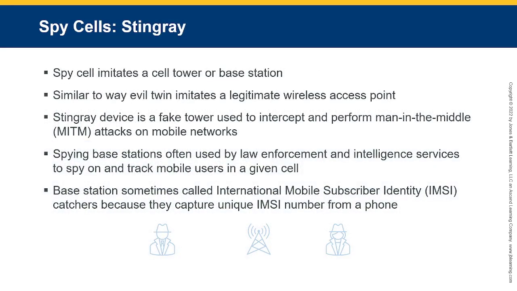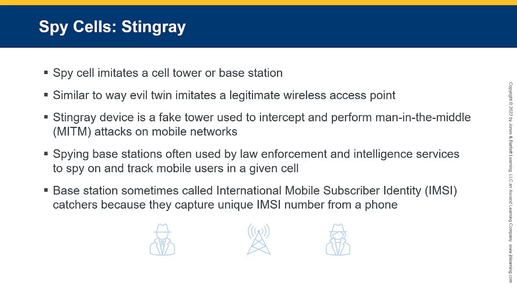Also, there are spy cells. Spy cells imitate a cell tower or base station, similar to the way an evil twin imitates a legitimate wireless access point. A Stingray device is a fake tower used to intercept and perform man-in-the-middle attacks on mobile networks.